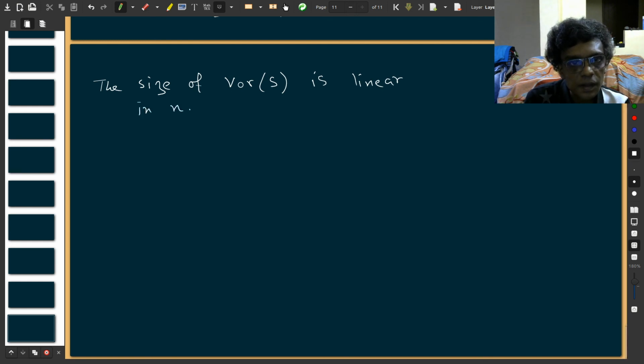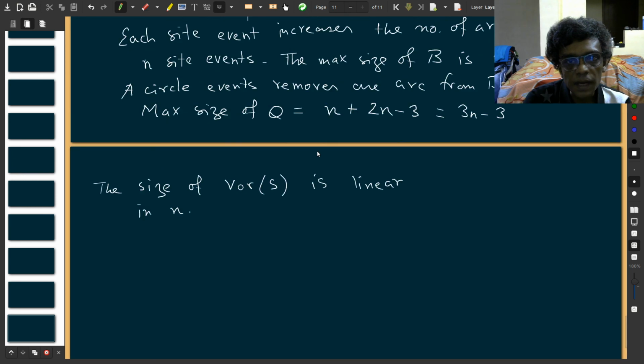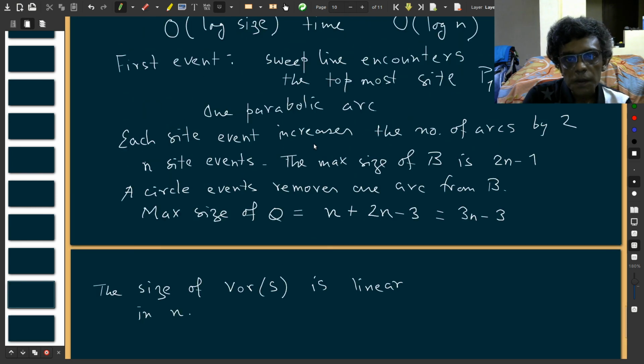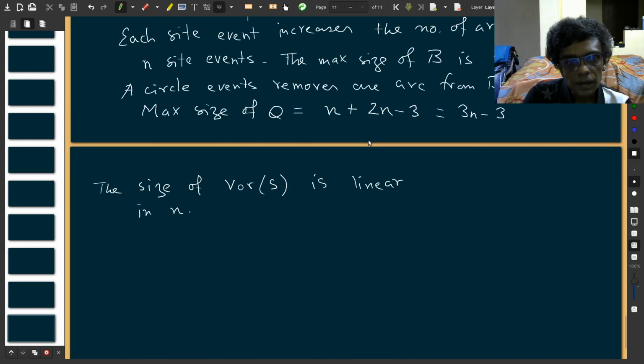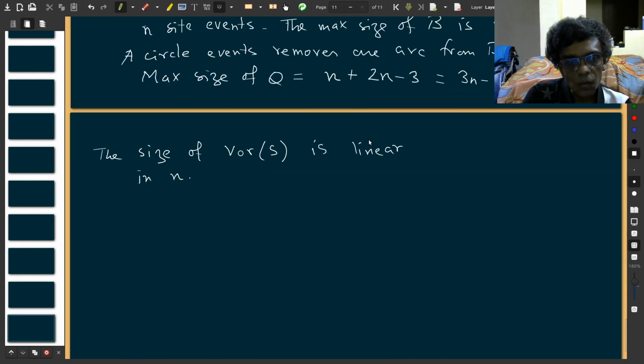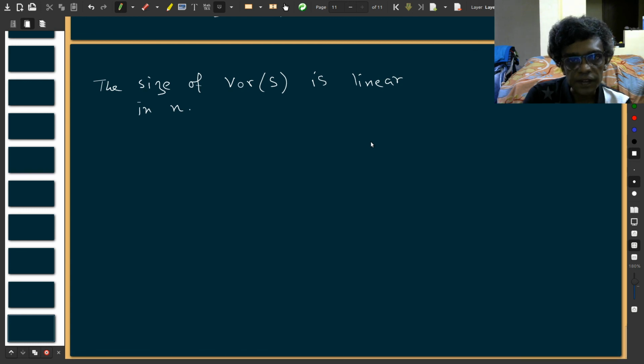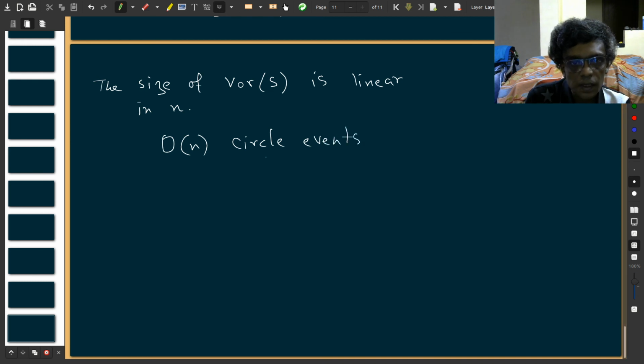We have seen it, which essentially implies that although there may be multiple removals and additions of circle events, each circle event discovers one end of an edge in the Voronoi diagram. That means big O of n circle events will happen throughout the journey of the sweep line.